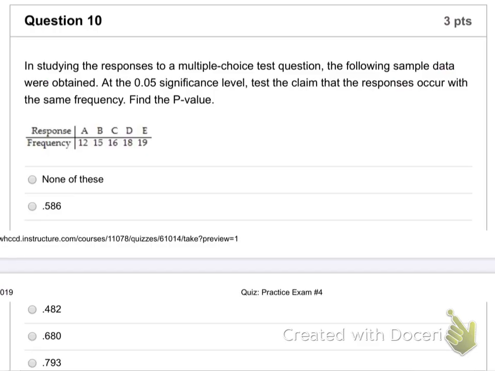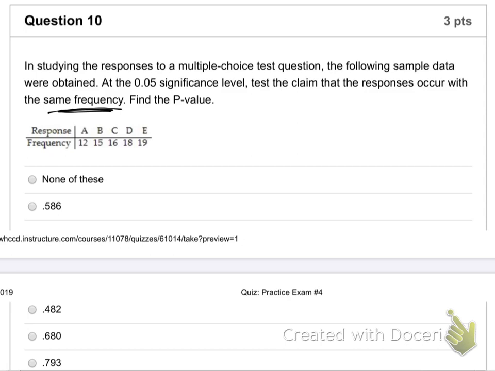Is that good? We're getting close, but we're running out of time. Let's see. In studying the responses to a multiple choice test question, the following sample data were obtained. At the 0.05 significance level, test the claim that the responses occur with the same frequency. Find the p-value. So what's that going to be?